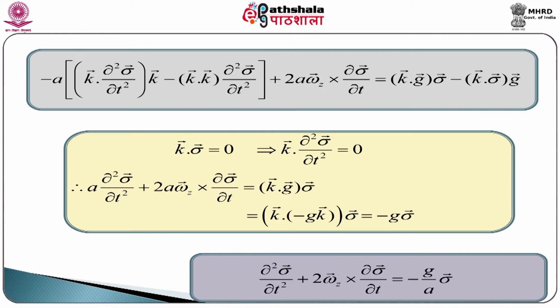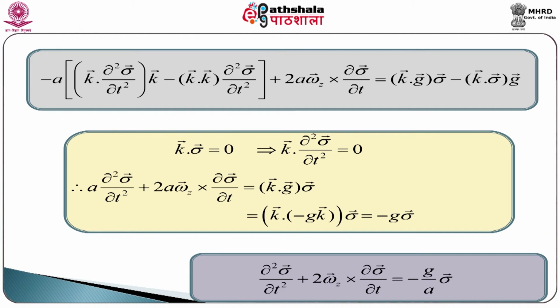Substituting this result in the previous equation, we get a into second order partial derivative of sigma vector with respect to time t plus 2a omega_z vector cross ∂/∂t of sigma vector equal to k vector dot g vector into sigma vector.